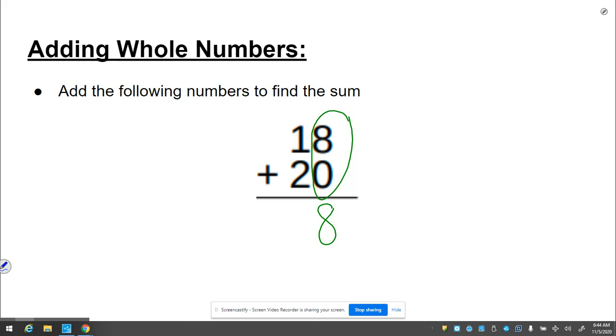So there we did our ones column, and now we need to add up our tens column. So if we add up our tens column, we got a 1 plus 2. When we add those up, we would get 3. So 18 plus 20 is 38. Notice how the place values are lined up.